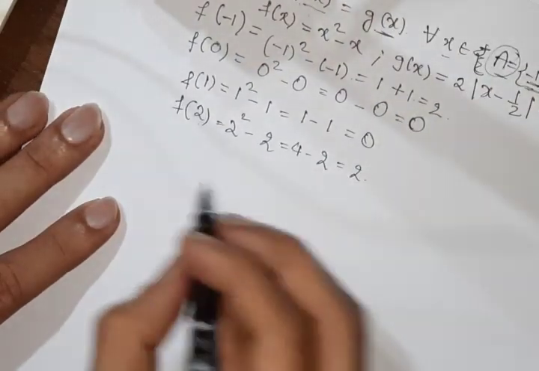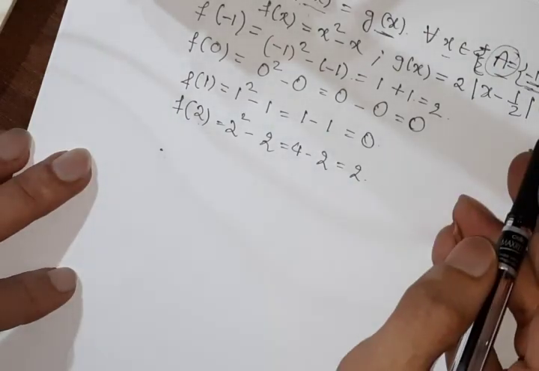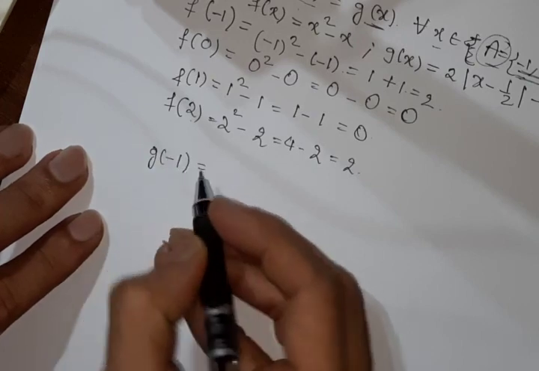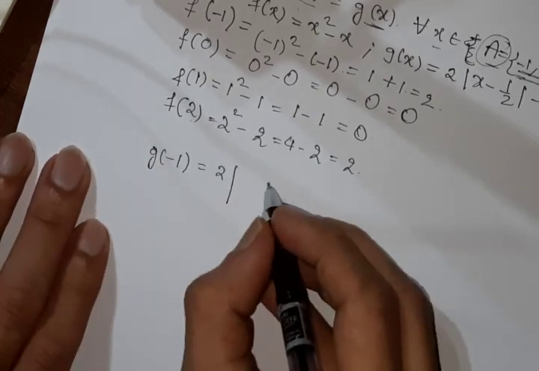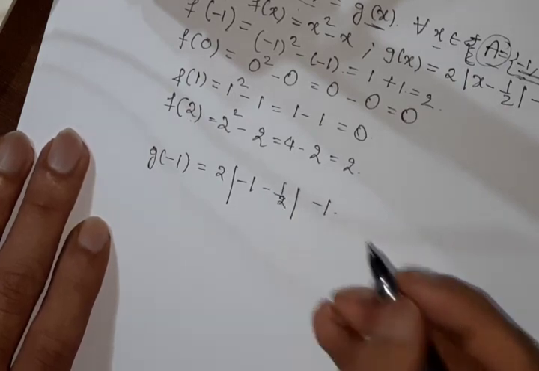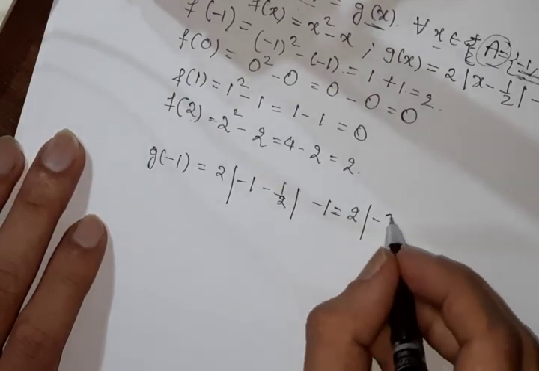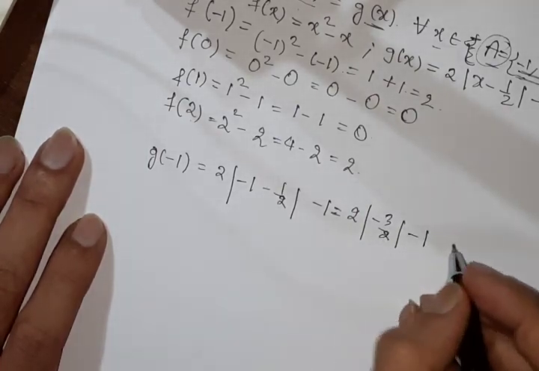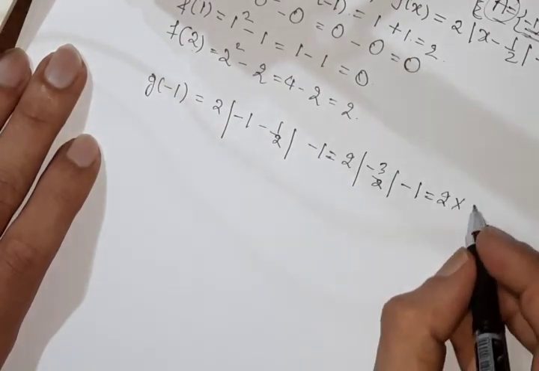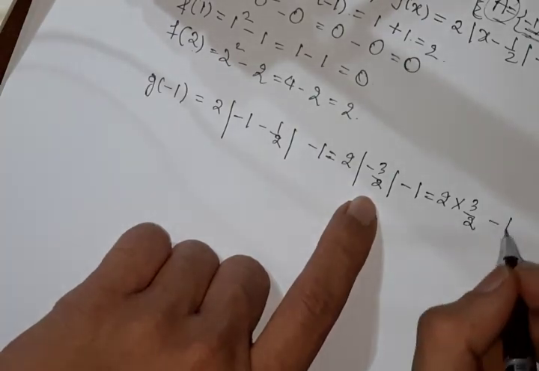Now let us check the values of the function g at each point of the domain A. So g of minus 1, let us check. That is 2 times modulus of minus 1 minus half, minus 1, which is equal to 2 times modulus of minus 3 by 2, minus 1. So which is equal to 2 times 3 by 2 minus 1.